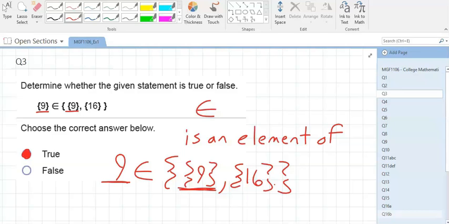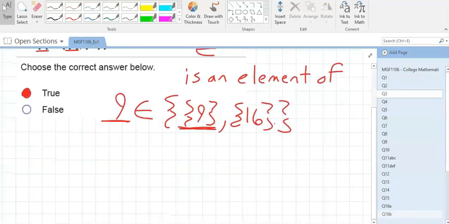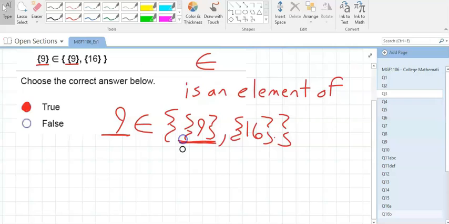They're not the same. This is an element of the number 9. This is the set 9 as an element. Completely different. This is just a number. This is the set 9. So that would be a false answer. But because these two matched up here, set 9, and in here I have a set 9, it's an element of it.